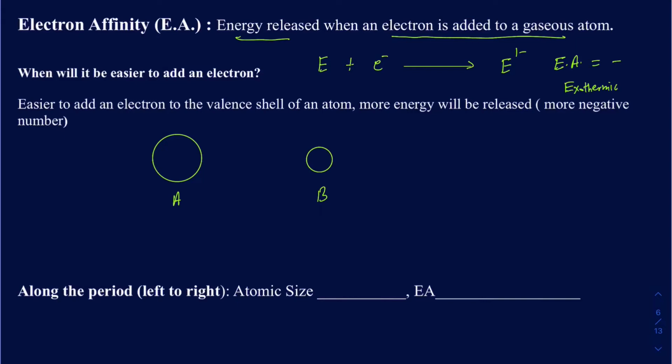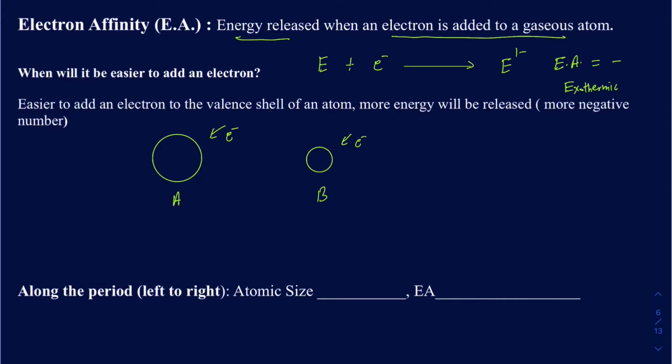If I'm adding an electron to atom A and adding an electron to atom B, in which particular case is it going to be easier to add an electron? Well, turns out any added electron must be pulled in by the nucleus because that's what's got the positive charge, and it must have some attractive force coming from the nucleus to an added extra electron.